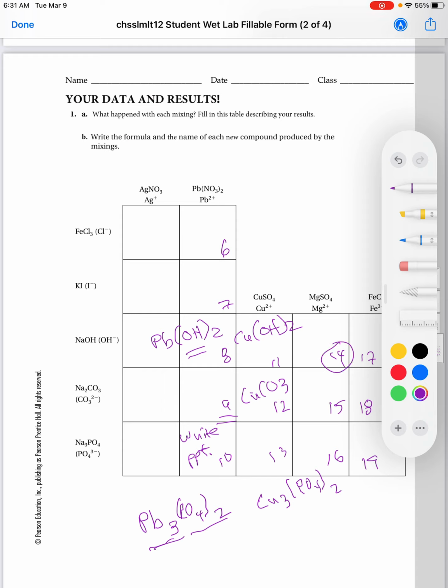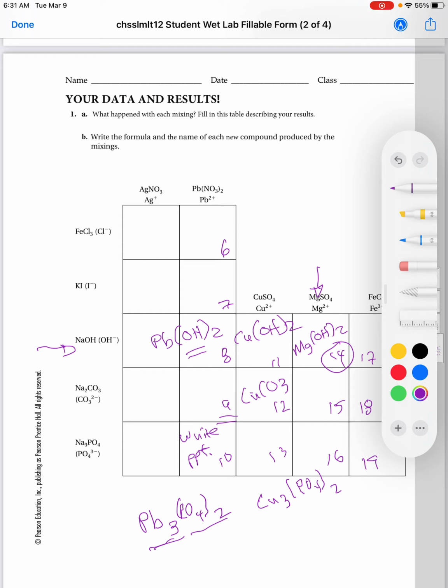So going up to number 14, where we mix magnesium sulfate with sodium hydroxide, we're making magnesium hydroxide, MgOH2. You may know it by its common name of milk of magnesia. It's an aqueous solution of milk of magnesia, of magnesium hydroxide, when you buy it at Walmart, and it's an aqueous suspension, technically, because the magnesium hydroxide does not go into solution.